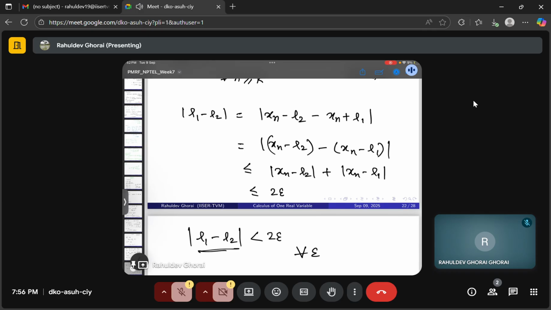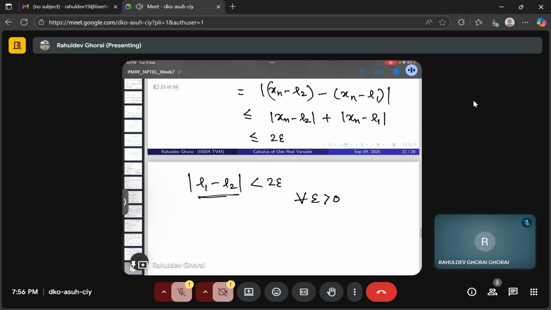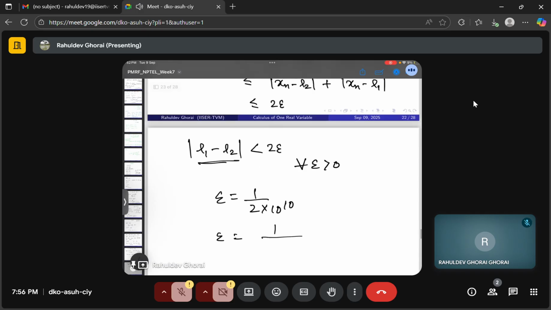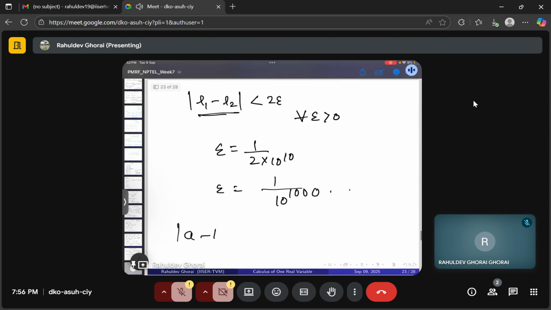For all epsilon greater than 0, you take epsilon equal to 1 by 2 times 10 to the power 10, epsilon equal to 1 by 10 to the power 1000, keep on going. We have also seen that |a - b| less than epsilon for all epsilon greater than 0 implies a equal to b.